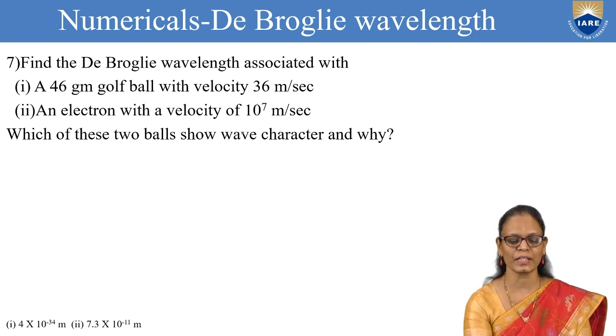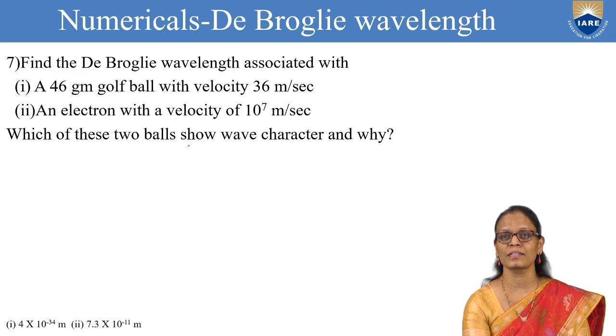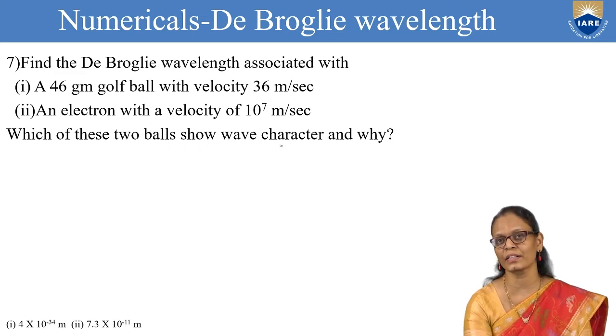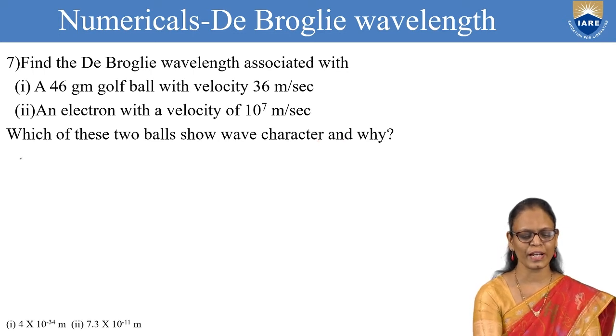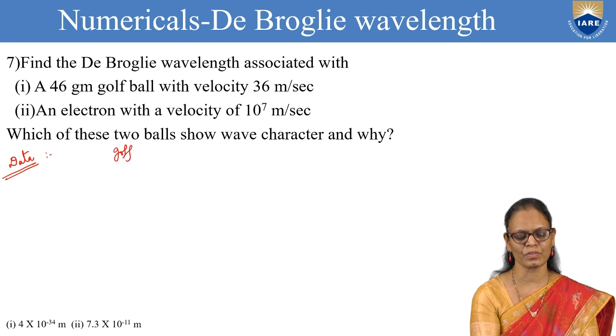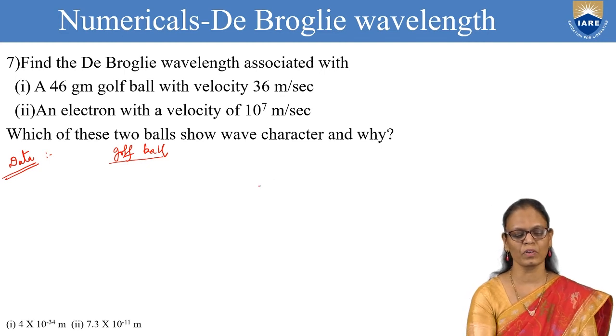So after calculating, you will have to answer whether they show the wave character and why. First we'll write the data given. We will have to calculate the wavelength for the golf ball as well as the electron, and then compare them.